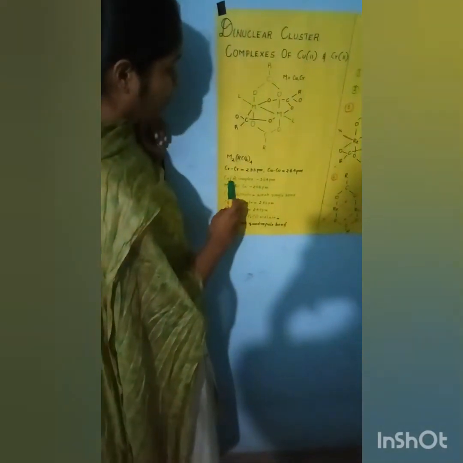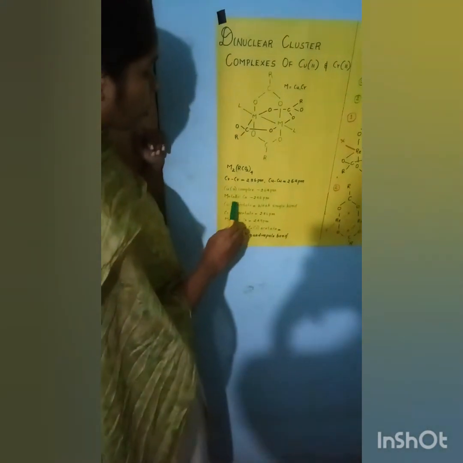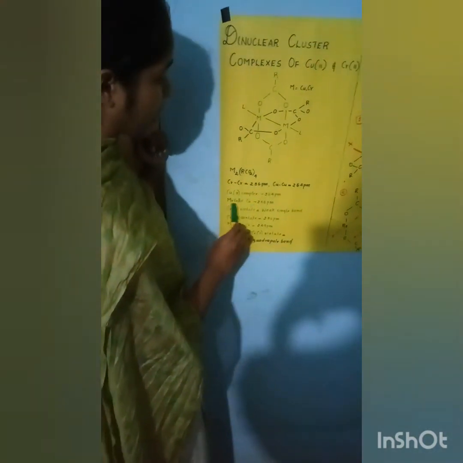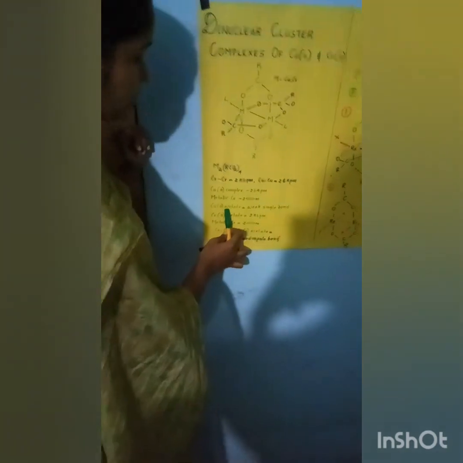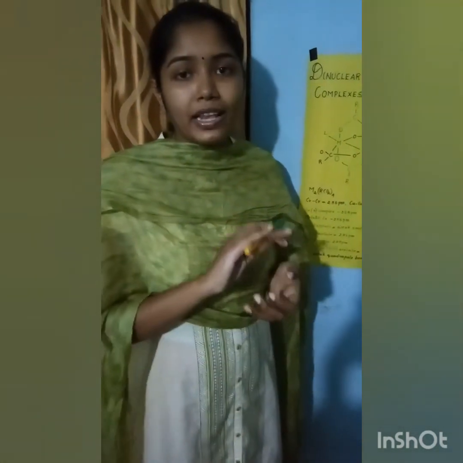The Cu-Cu distance in the copper(II) complex is 264 picometer, which is somewhat longer than the Cu-Cu distance in metallic copper, which is only 256 picometer. In copper(II) acetate, there is only a weak single bond formed by the pairing of the odd electron on each copper atom.